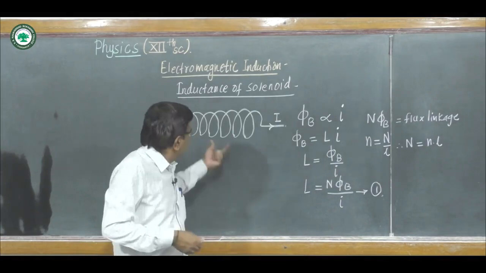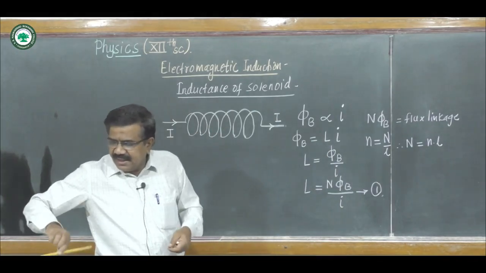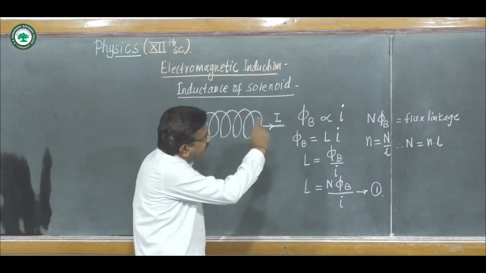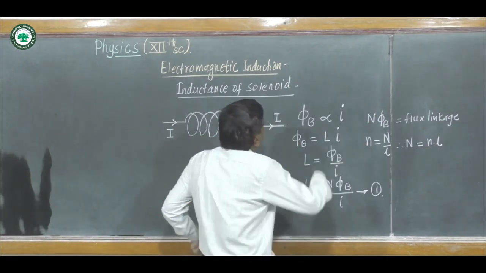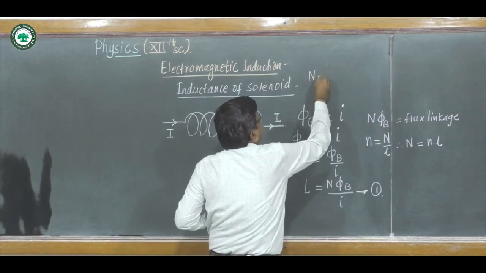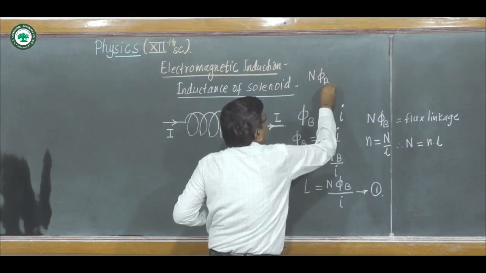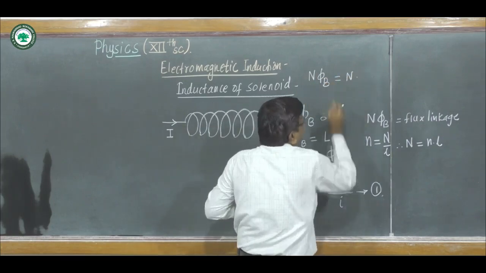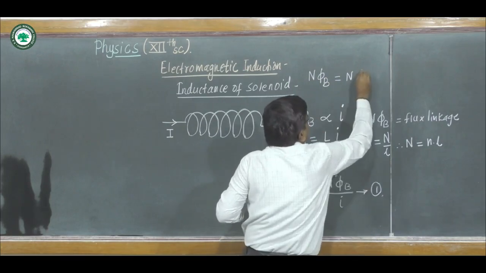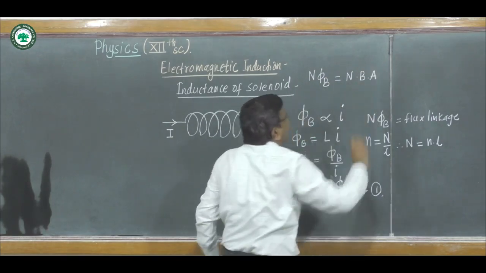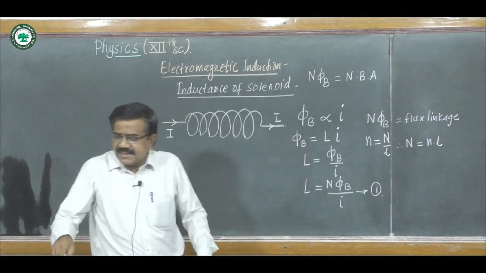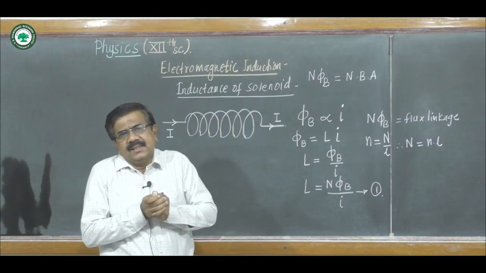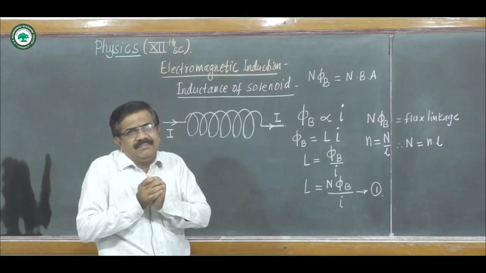At the middle of this coil, we find the flux linkage is N phi B. This N phi B is equal to N, but this phi B is B into A. Flux phi B is actually vector B dot A, that is BA cos theta.